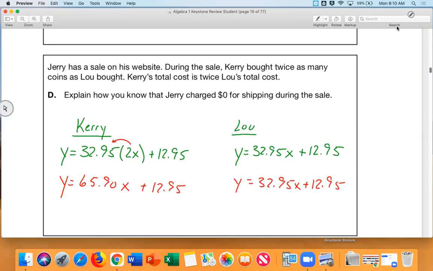The only way it could be double is if we took this piece out of the equation. Do you see how it's more logic than math? You have to reason with yourself. The only way it could be double is if he didn't charge shipping. All right. You guys okay with that? There is a more complex way, but I'm trying to stay with this.